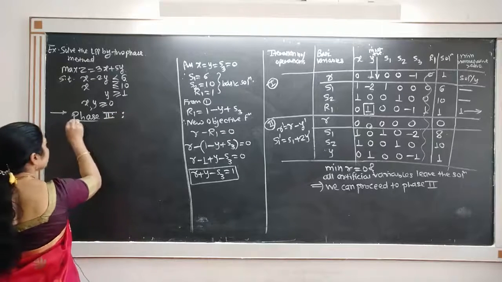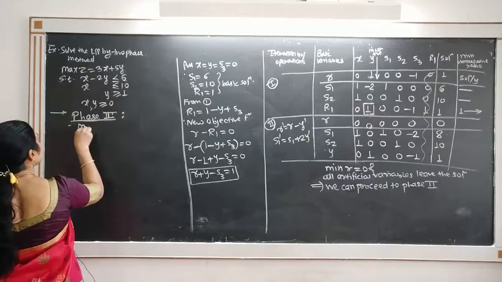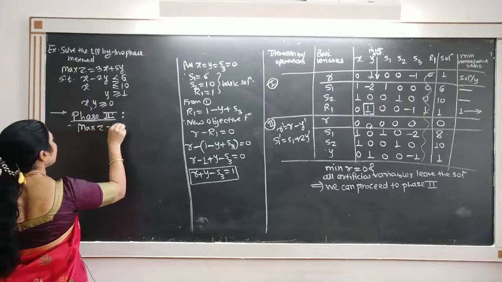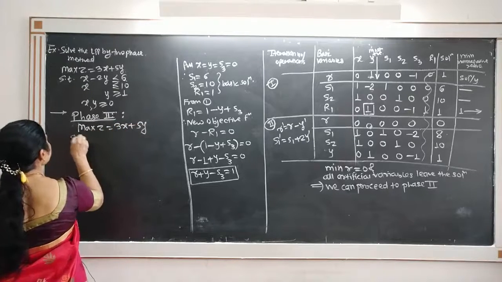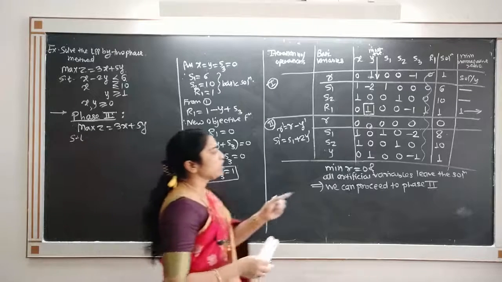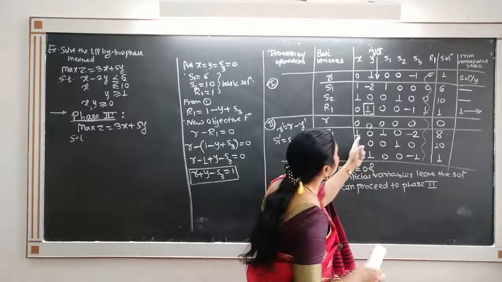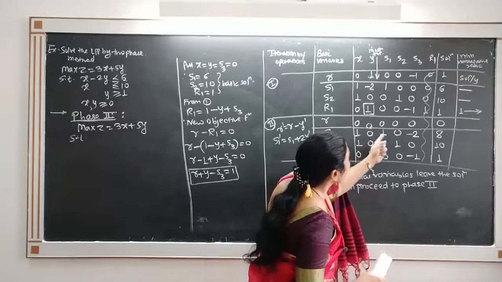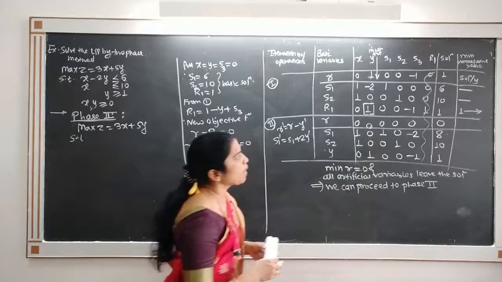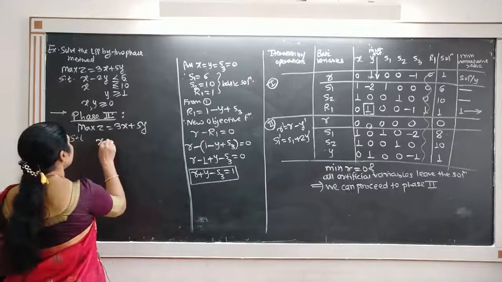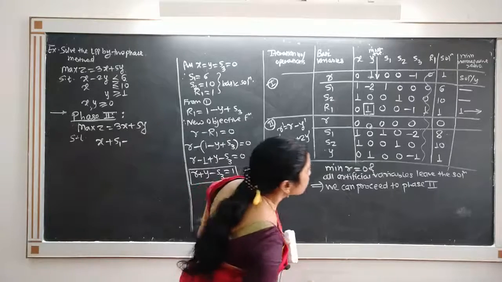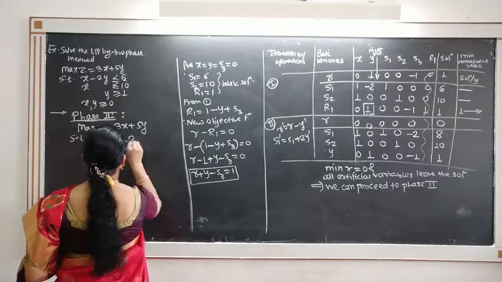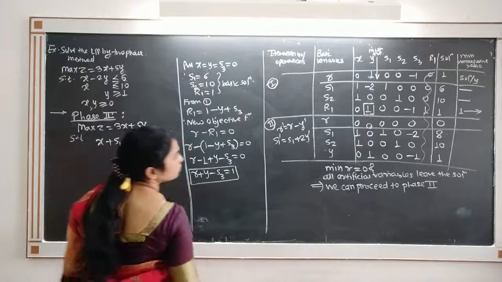So what is our phase 2 now? Maximum z is equal to 3x plus 5y subject to constraints. The solution is from here. The first row is x plus s1 minus 2 s3 is equal to 8.